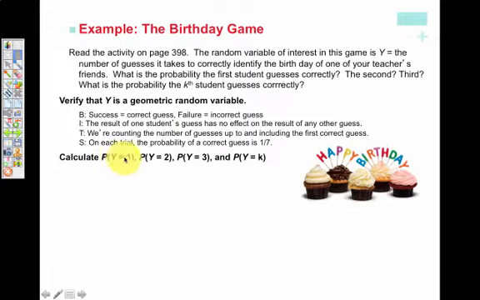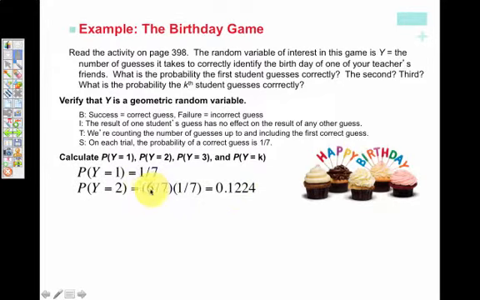So I want to find the probability that we get it right on the first one, second one, third one, and on the kth one. And it should make sense. The probability that the first student guesses right is 1/7. For the probability of y equals 2, that means the first student got it wrong and the second student got it right. So make a guess as to what you think is going to show up here next.